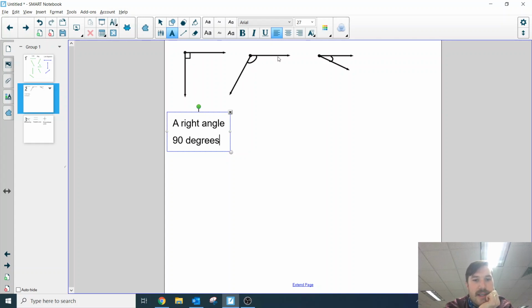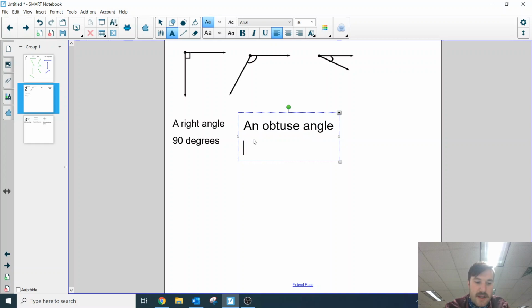This next one is a bigger angle than 90 degrees. So it's bigger than a right angle. So there's a name for an angle that is bigger than 90 degrees, and we call that an obtuse angle.